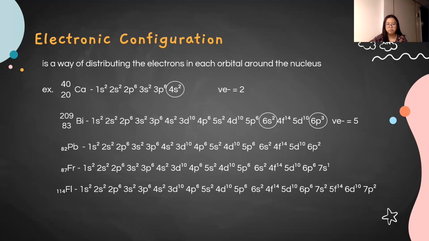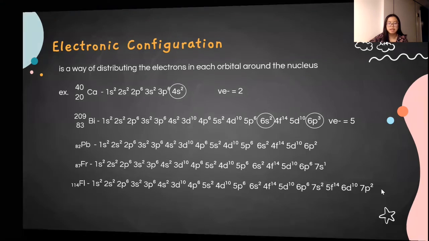So 1s2, 2s2, 2p6, 3s2, 3p6, 4s2, 3d10, 4p6, 5s2, 4d10, 5p6, 6s2, 4f14, 5d10, 6p6, 7s2, 5f14, 6d10, 7p2. And that's it, the example.